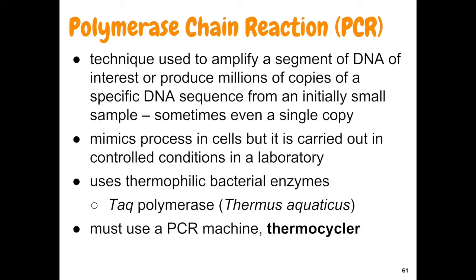You might be asking, why don't we just use enzymes that can come from human cells or from some other cell that's readily available? The reason why we use thermophilic bacteria enzymes is because those enzymes are from bacteria that live in very hot environments.